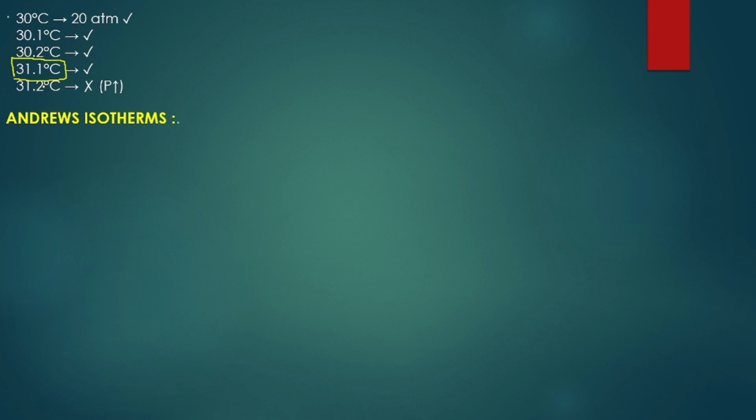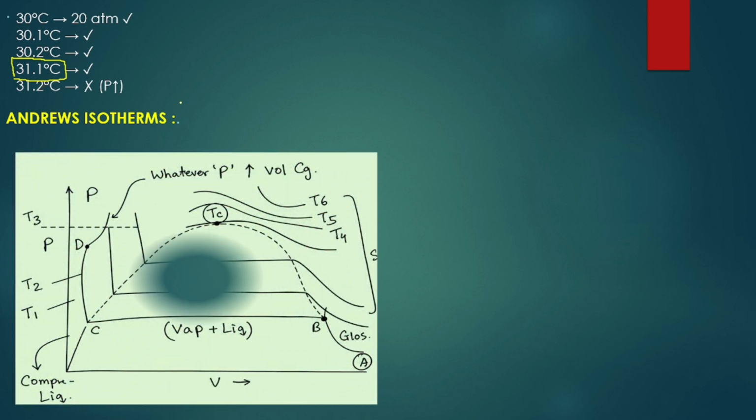Is that clear? To explain this, another scientist came, that is Andrews. Andrews isotherm. Let's see, this is the curve. By seeing this, it is definitely very difficult to understand, but let's discuss this graph very clearly.